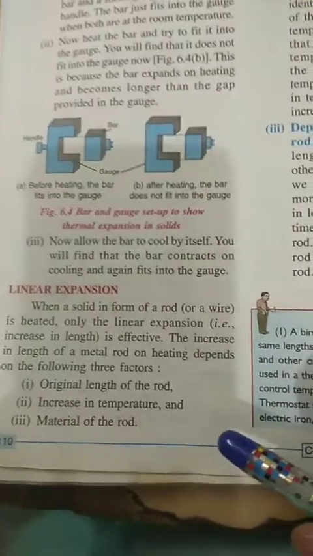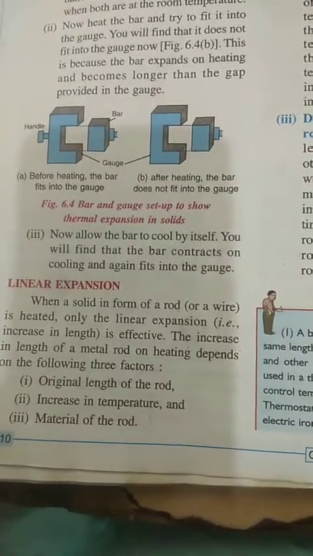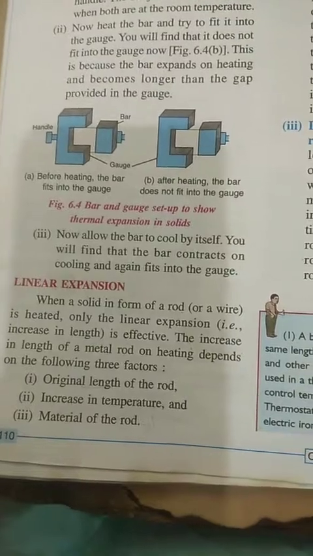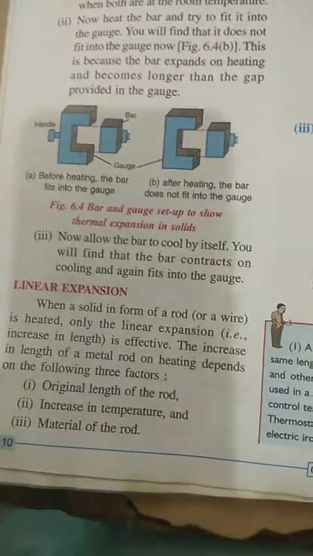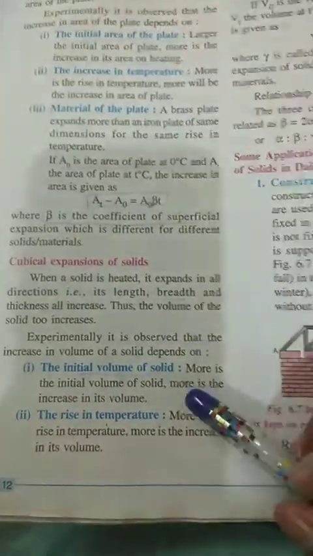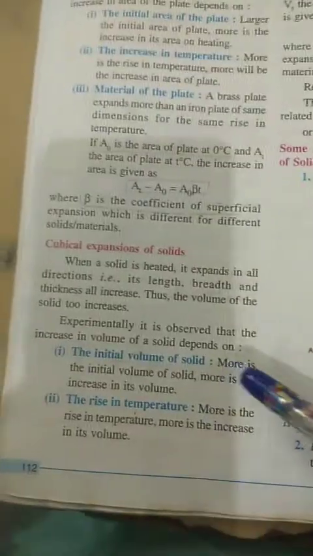Linear expansion is the expansion seen lengthwise, for example the length of a rod or something which is in linear or straight form. The next parts are the areal expansion, that is the superficial expansion seen area-wise, and cubical expansion, seen volume-wise, that is in solids.